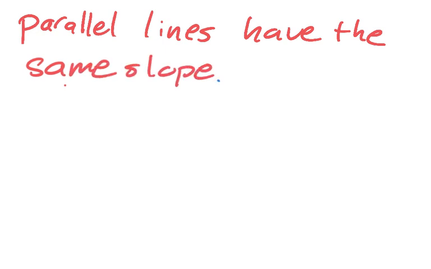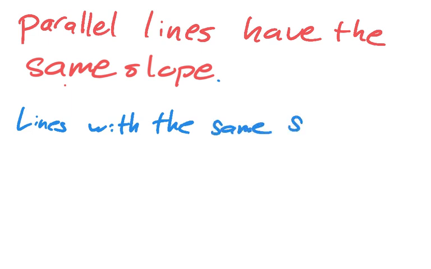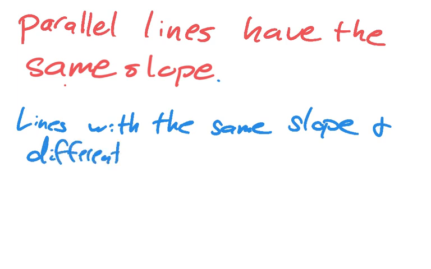We could also say the converse of that is true, which would be lines with the same slope and different y-intercept are parallel.